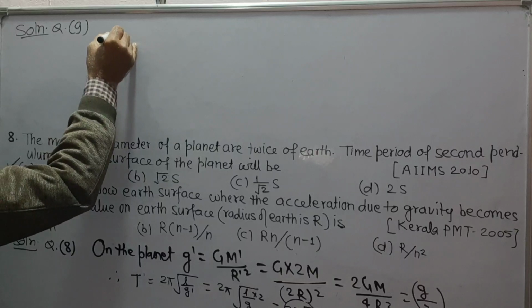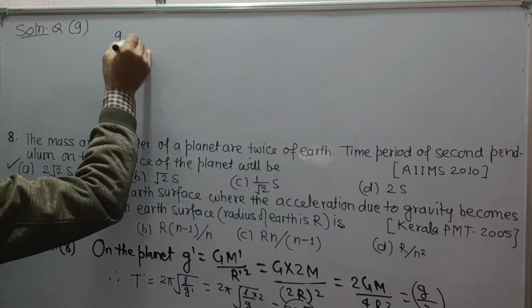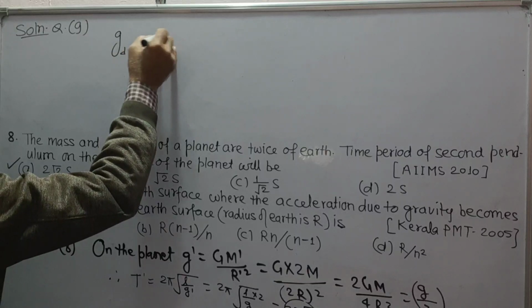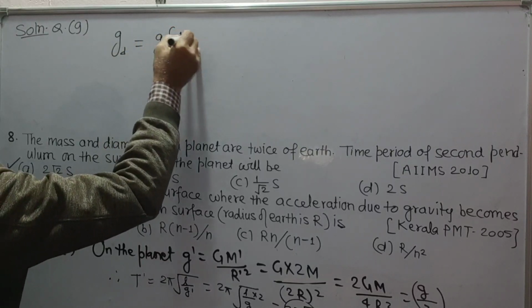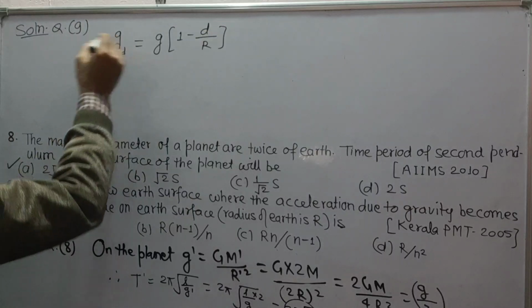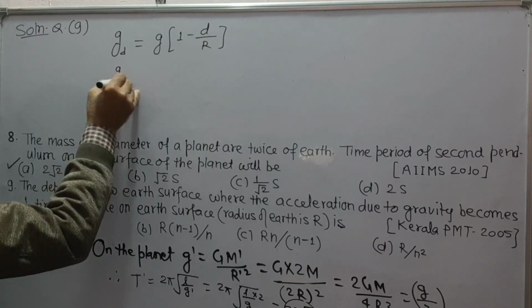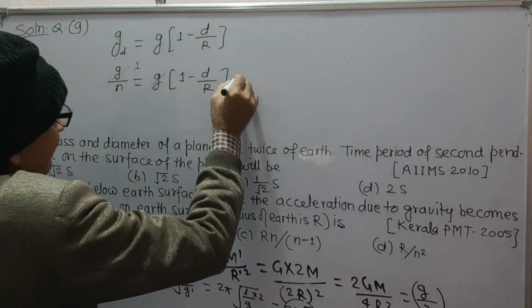Acceleration due to gravity below depth d from earth's surface is given by g into 1 minus d upon R, and this g is given to be g by n.